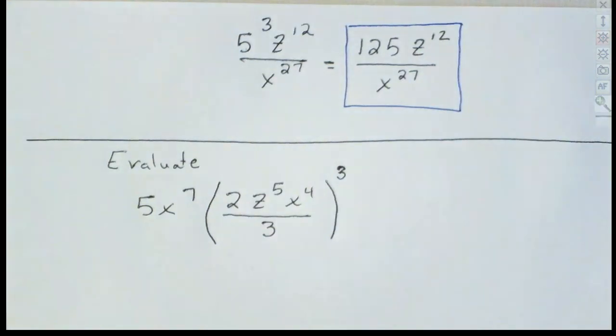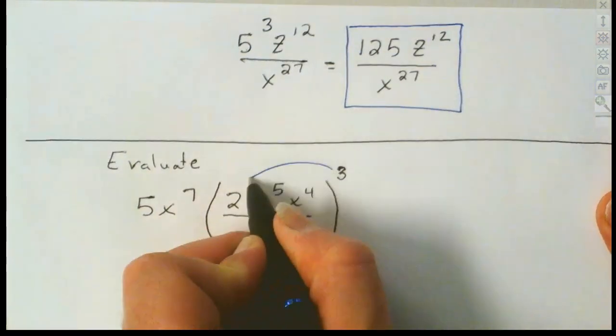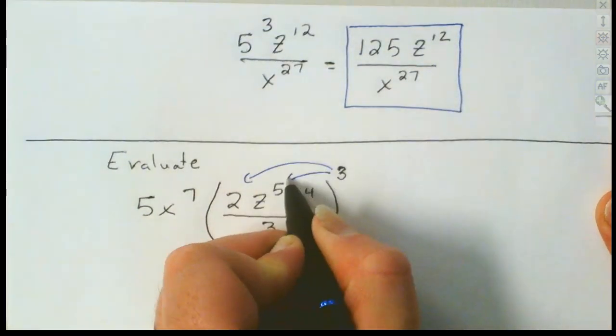Well, order of operations, always parentheses first. So we look inside, nothing can be reduced down. So then we distribute this 3 through. Each piece gets distributed through.